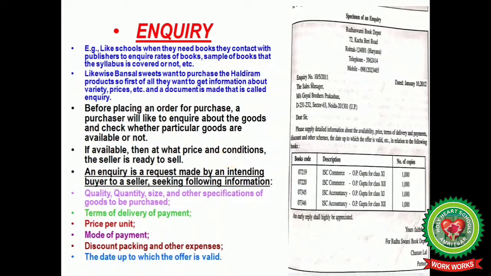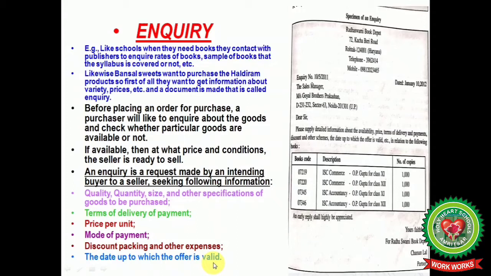It means a request made by an intended buyer to a seller for information like quality, quantity, size and other specifications of goods to be purchased, then terms of delivery and payment, price per unit, mode of payment, discount, packing and other expenses, and the date up to which the offer is valid.